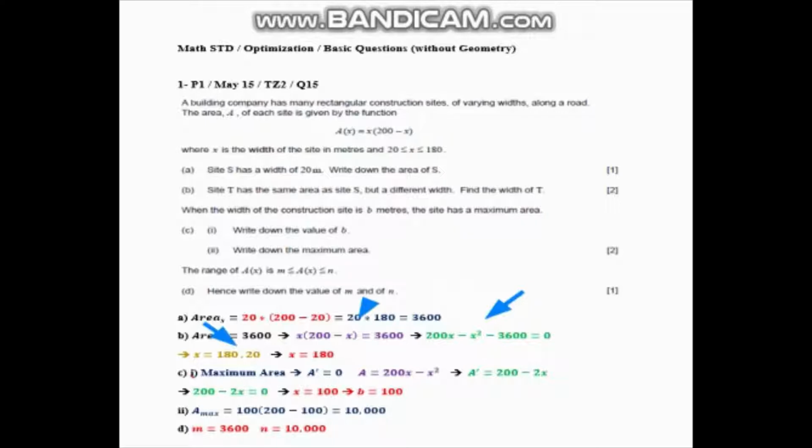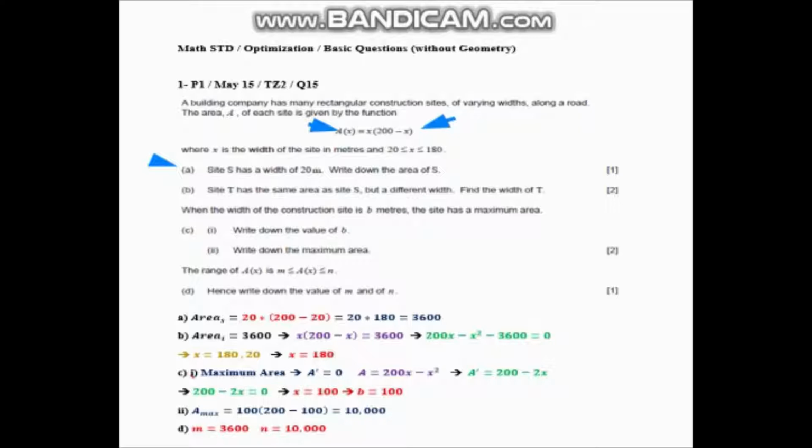Of course, 20 is the value that was given to me in question A, so the other width that yields the same area shall be 180. So again, what I've done here is simply plug the answer to A, which required the area, plug the number I found into this value right there, and find the second value of x that gives me the same area.